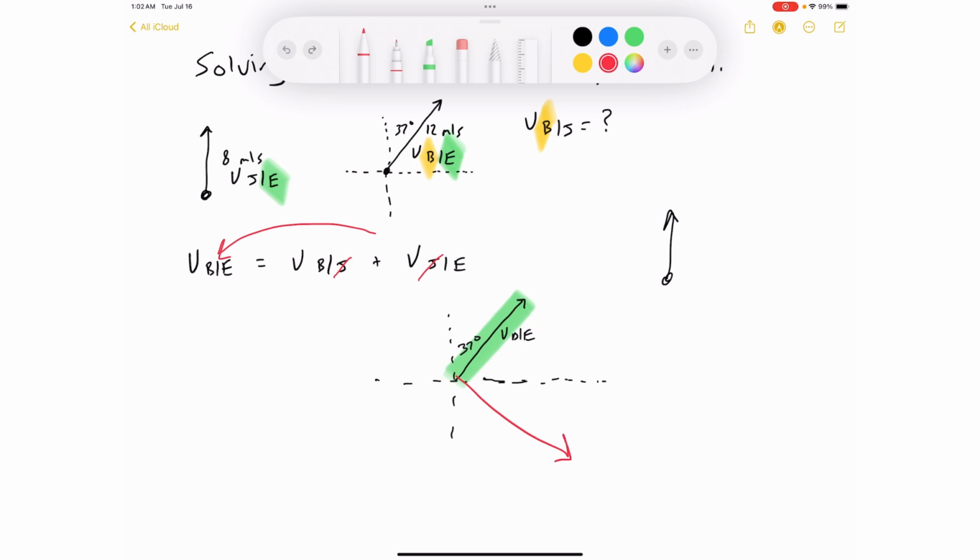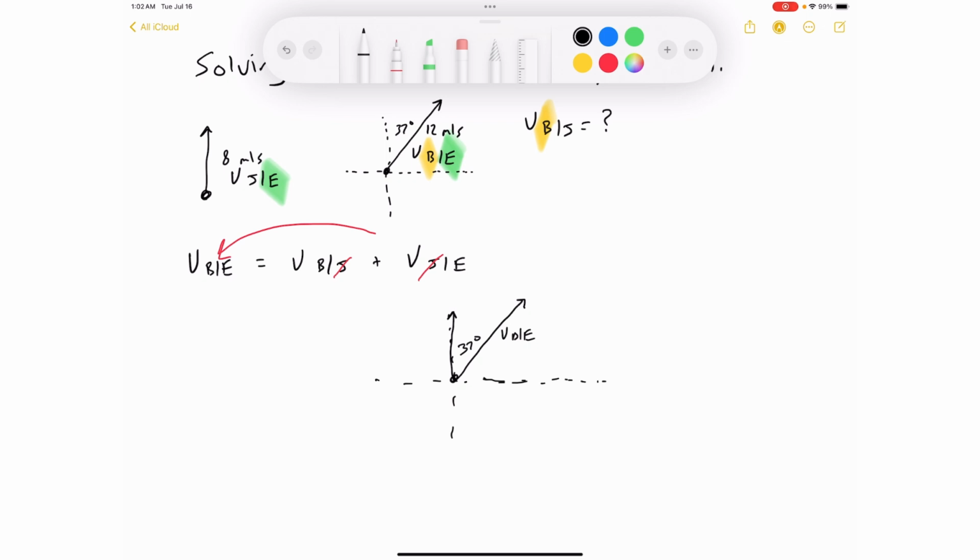All right, so let me go back in time a little bit. Because I have this black one and it goes straight up, the velocity of 1 relative to Earth. Well, what does that look like? It probably goes up something like this, right? Because it does go straight up.